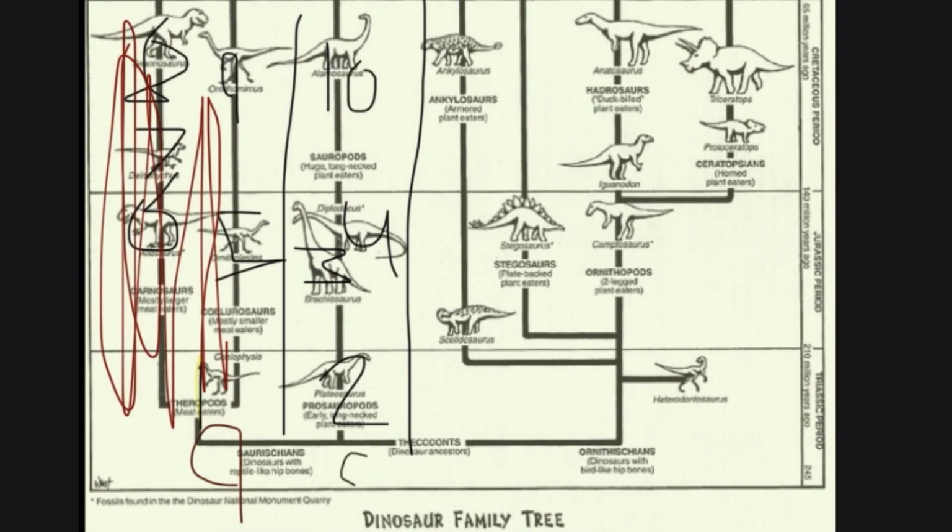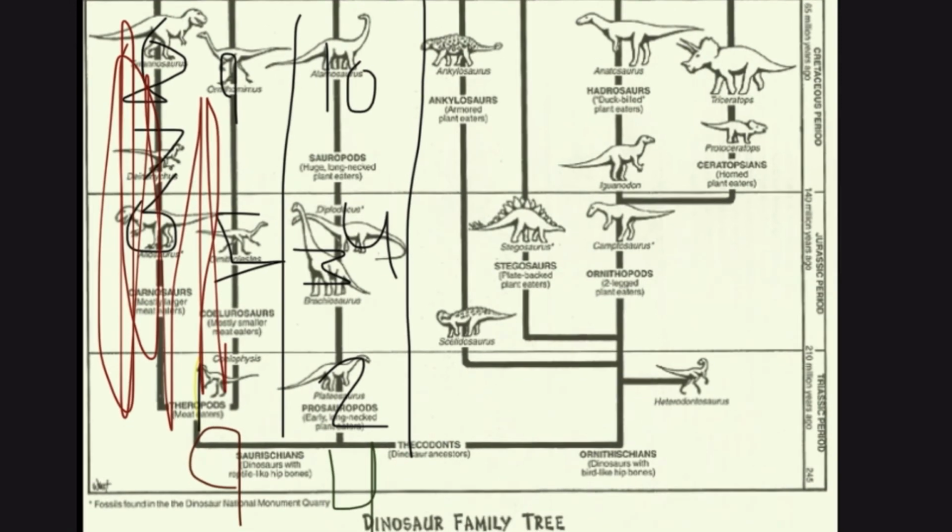8. Wait, no. Let's fact check this. 1, 2, 3, 4. 4 sauropods. You go up here. 1 sauropod in the Cretaceous period.